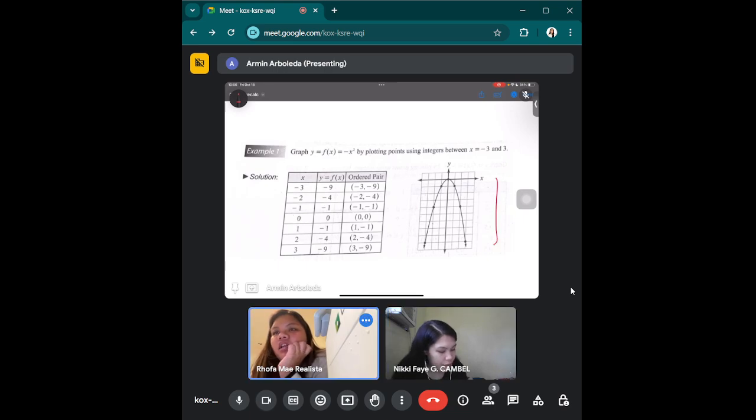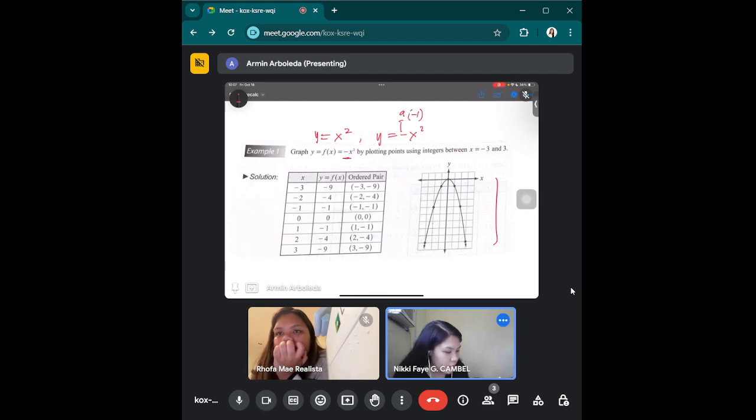Yung parabola, yung highest point niya is here. Kasi kanina puro lowest point. Kanina lowest point, that's your positive kasi yan. Ito, this time, negative siya. So, this one is the A natin. Yun yung application ng A, which is negative 1.